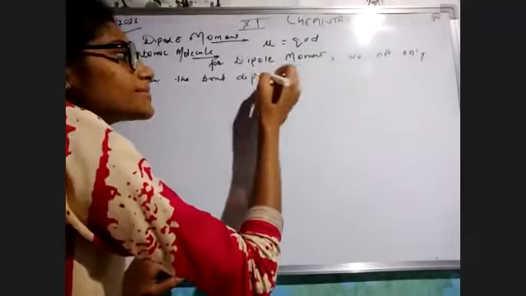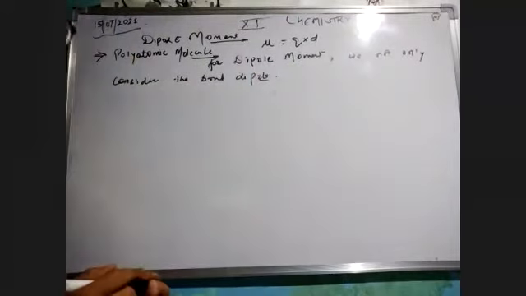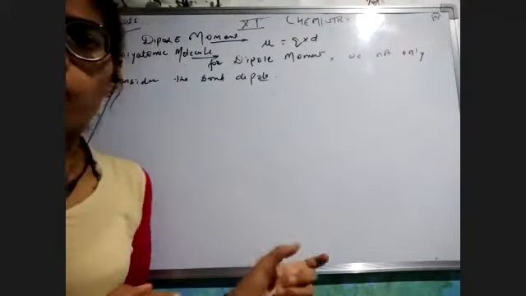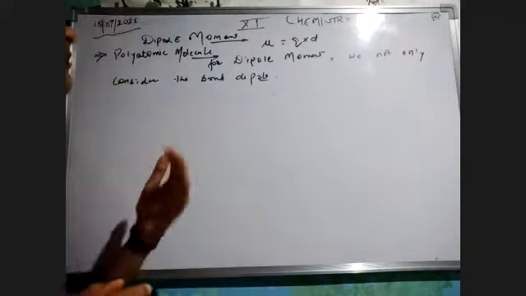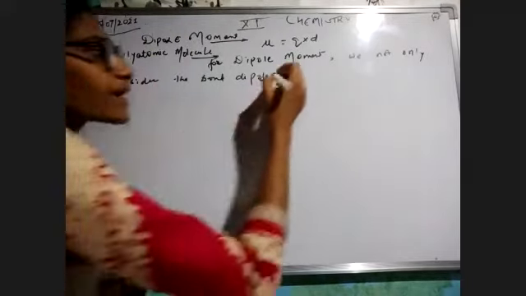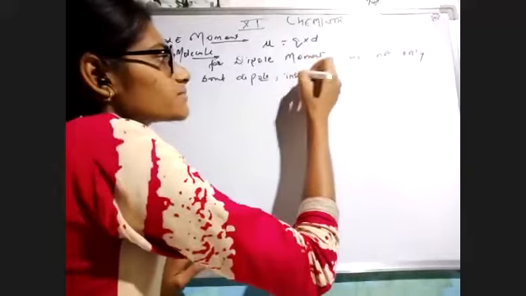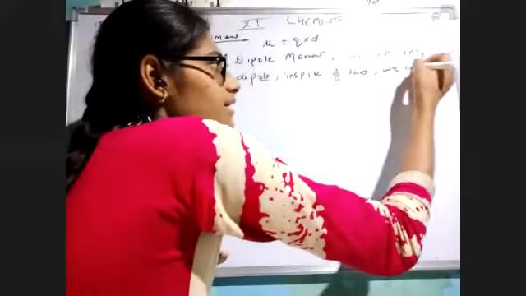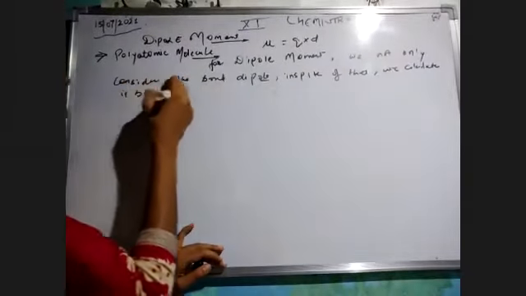Bond dipole means the dipole moment along a bond, the dipole moment between two atoms. That is simply what we discussed in our previous class. In addition to that, we calculate it by the resultant dipole.